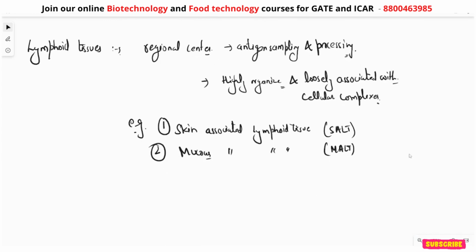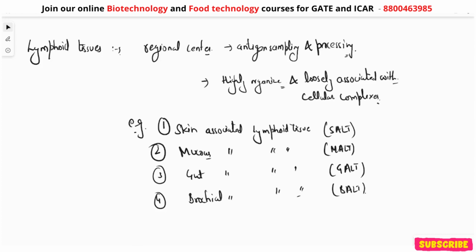The third is gut associated lymphoid tissue, called GALT. And the fourth is bronchial associated lymphoid tissue, called BALT. All are highly organized lymphoid tissues.